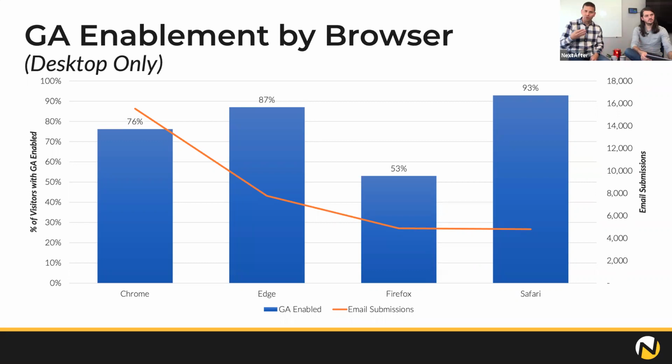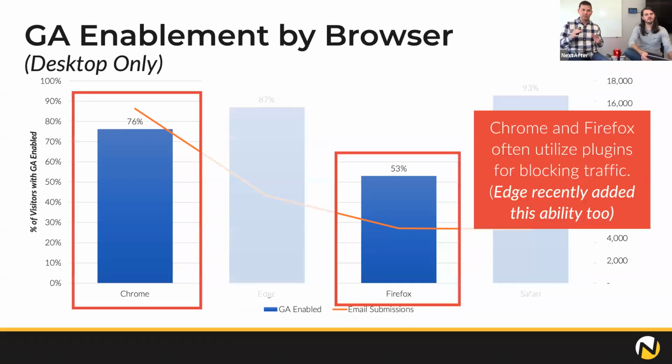Microsoft Edge, one of the more recent versions, had 87%. Firefox, 53% of them let us do that. So you start to look at what the differences between these different solutions are. Chrome and Firefox are heavily able to utilize plugins. Now, Microsoft Edge recently rolled out and is now what's called Chromium.